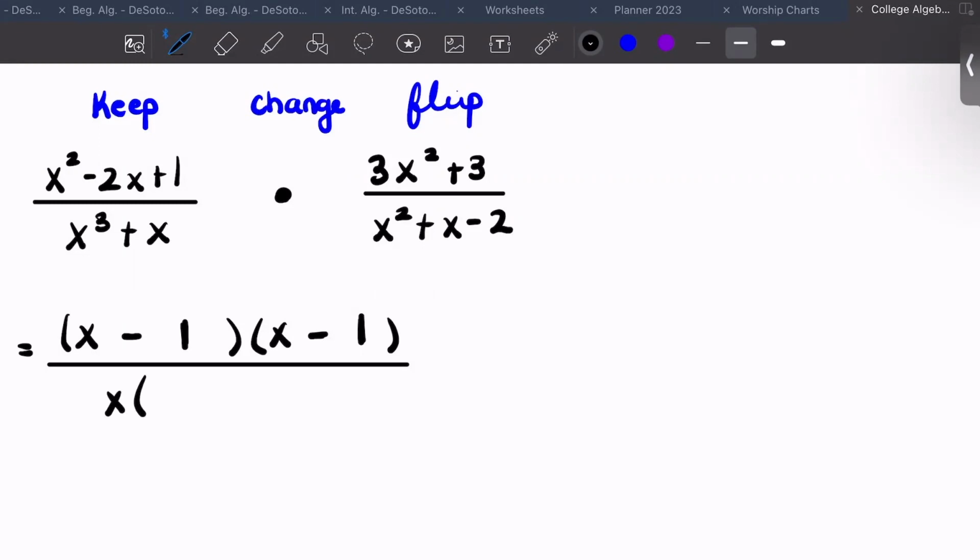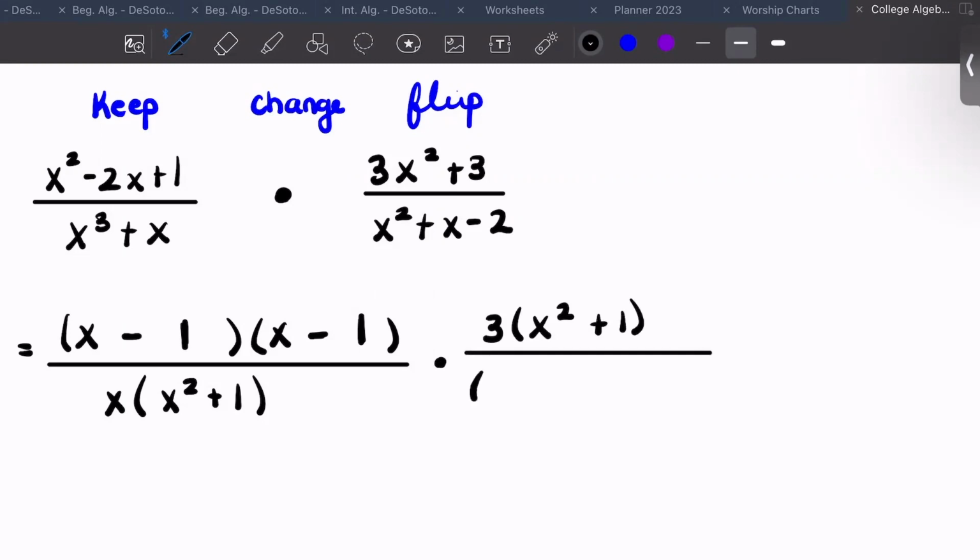They both have an x in common, and I'm left with x squared plus 1, okay? Times. Same thing with that numerator. I can just take out a 3, and I'm left with x squared plus 1.